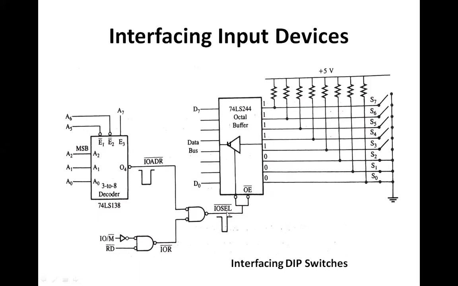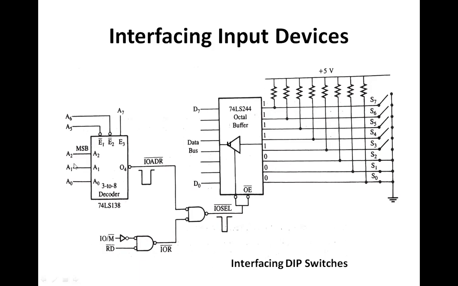Input output select signal can be low if we are going to assert low input output read signal as well as low input output address signal. So these signals, meaning the control signal and the address, are going to select the particular buffer. And once this buffer is activated, enabled, then only the information which is available on these switches can be transferred to D0 to D7.